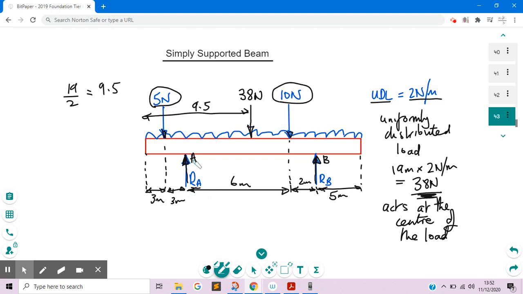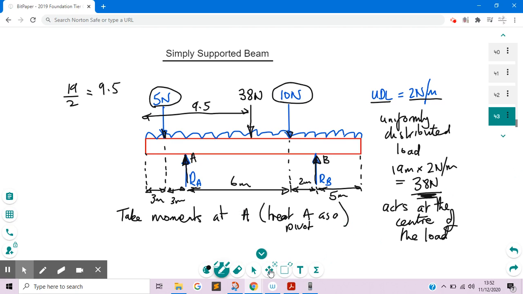So the next thing we're going to do is take moments about point A. So we treat A as a pivot point, a bit like a seesaw.